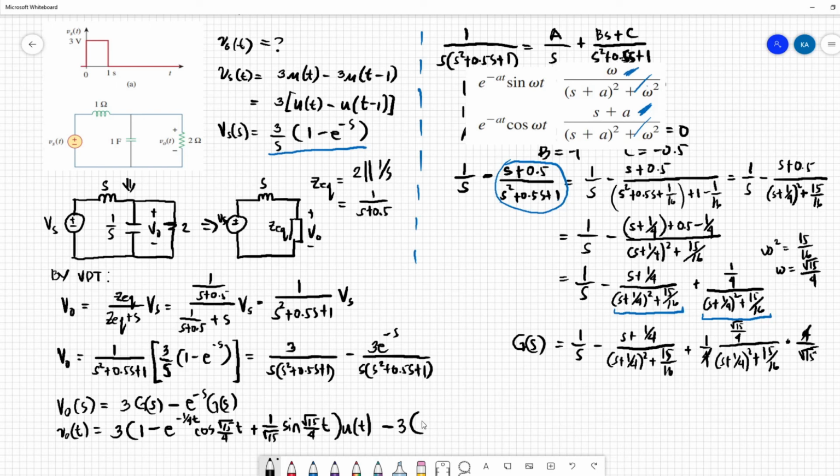So we have 1 minus e to the negative 1/4 t minus 1 cosine of square root of 15 over 4 times t minus 1, plus 1 over square root of 15 sine of square root of 15 over 4 times t minus 1. We have u of t minus 1.